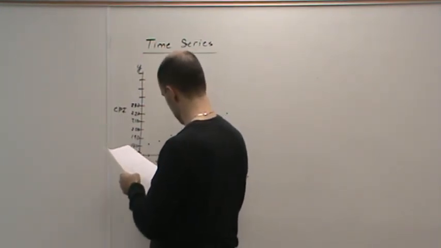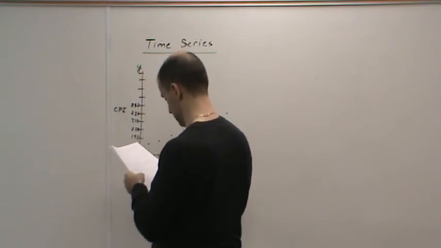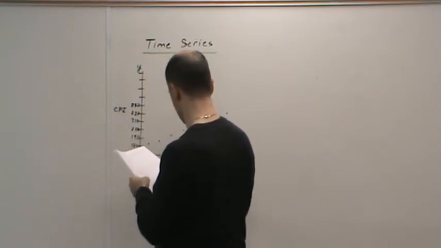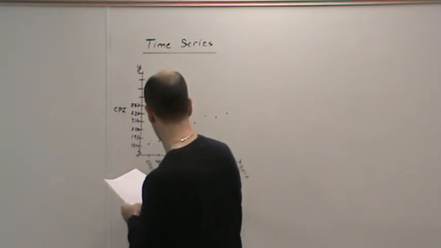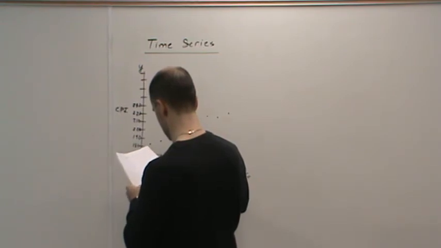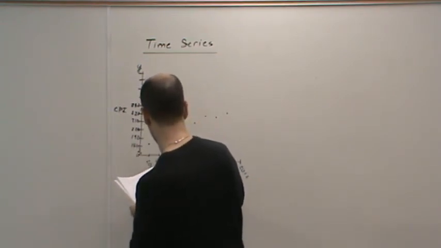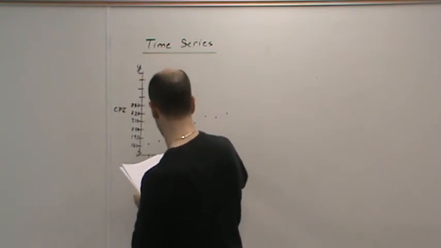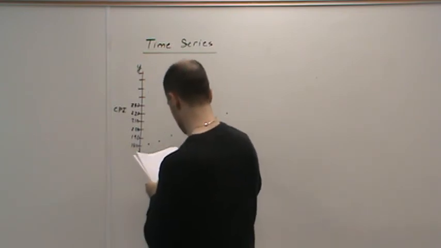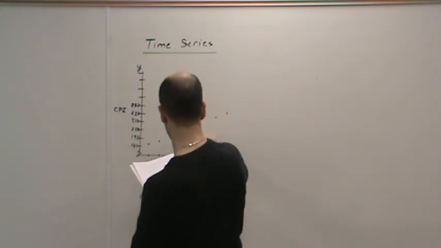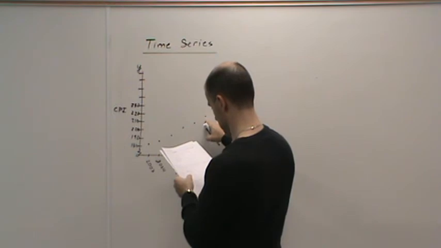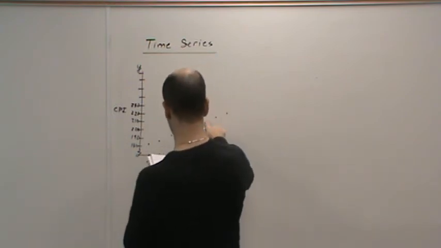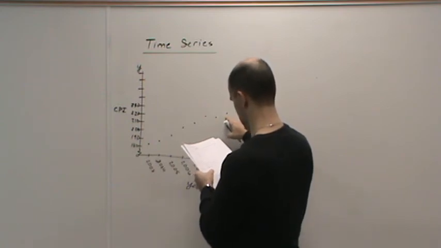So we got 184, 188, 195, 201, which probably should be up here. 207, 215, 214, 218.